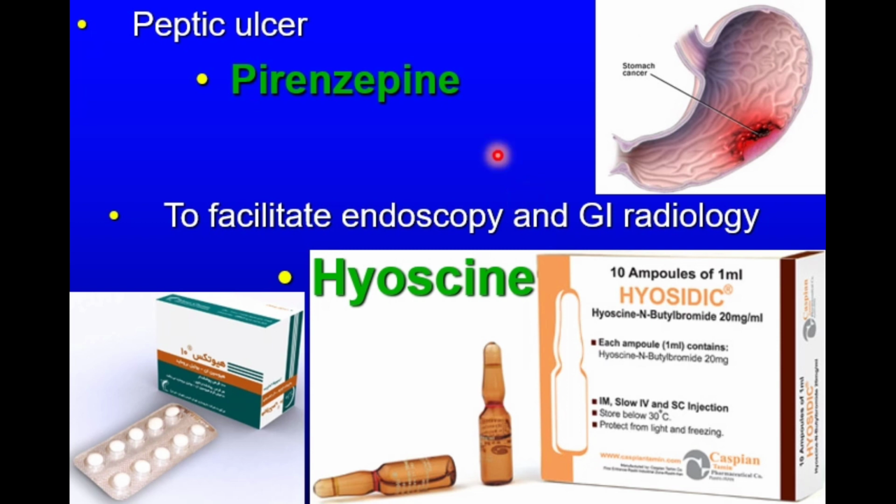Hyoscine is used to facilitate endoscopy and gastrointestinal radiology by relaxing GI tract smooth muscle.